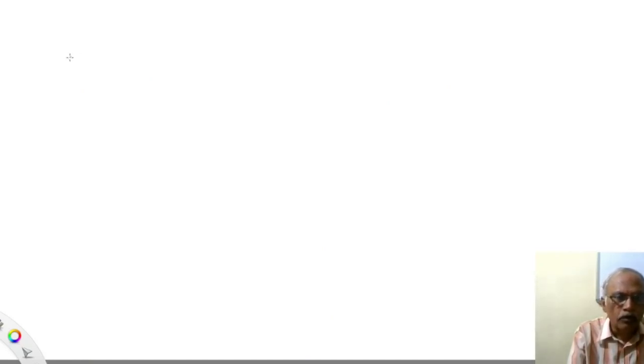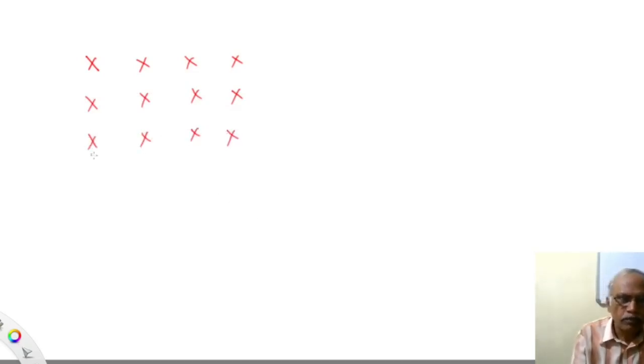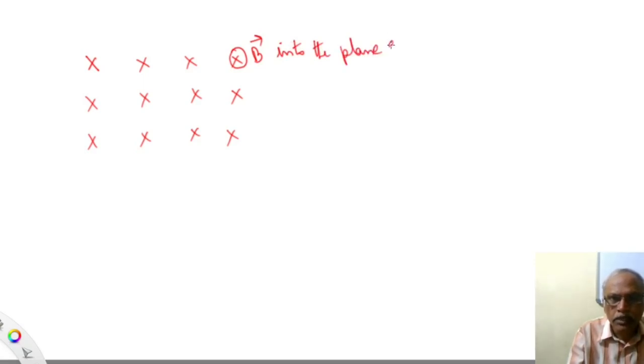Now, how is the magnetic field represented on a diagram? If you put cross marks, they indicate that the magnetic field is into the plane of paper, into the plane of screen. If you write on paper in a notebook, write into the plane of paper.